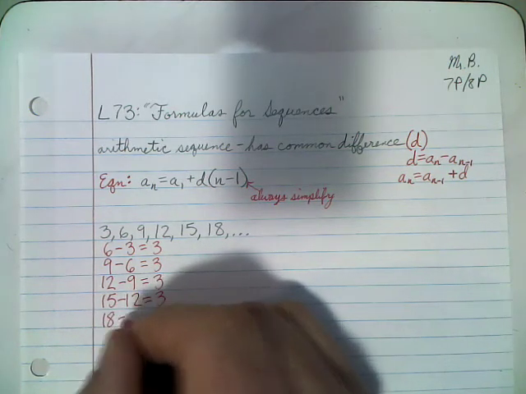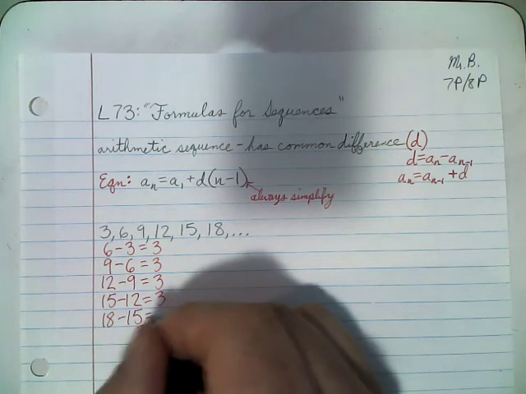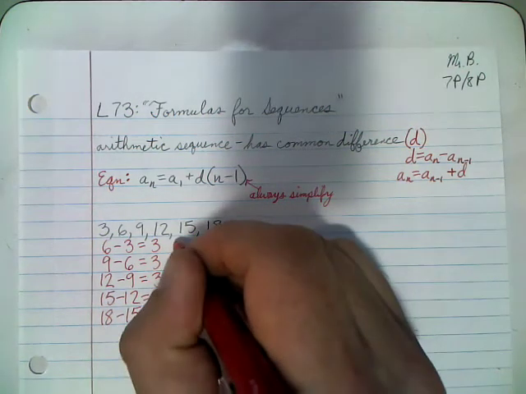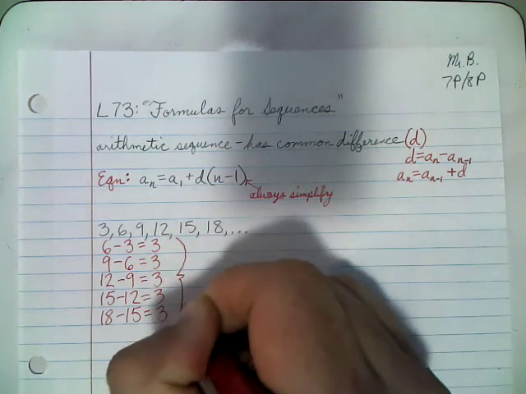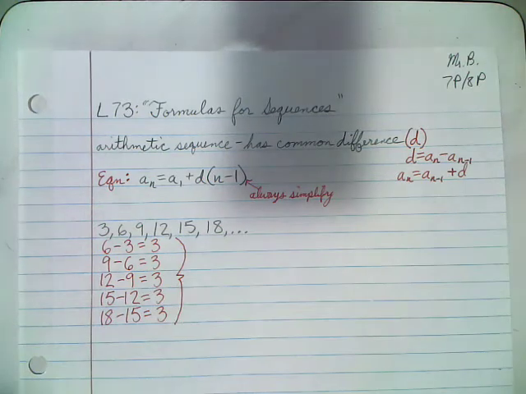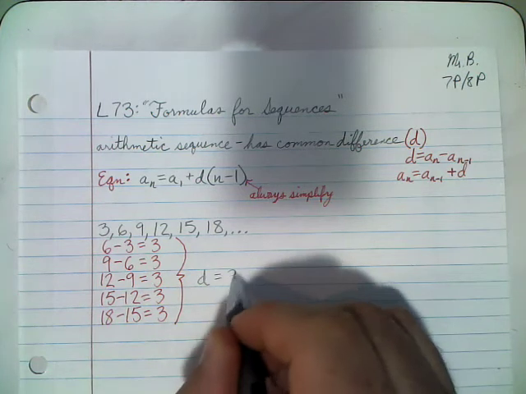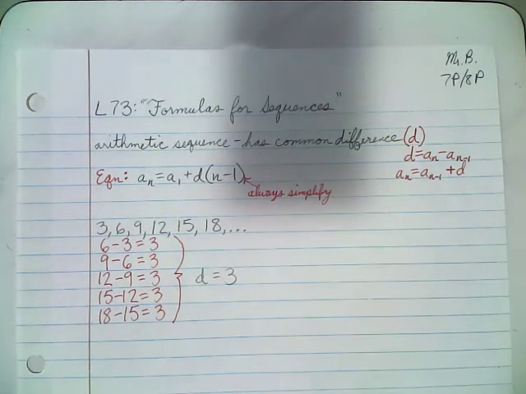The sixth term minus the fifth term, I also get 3. So therefore, do we have a common difference? Well, sure we do. All these together tell me that D, my constant difference here, is 3.